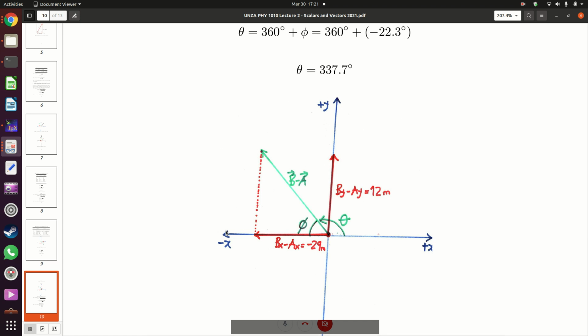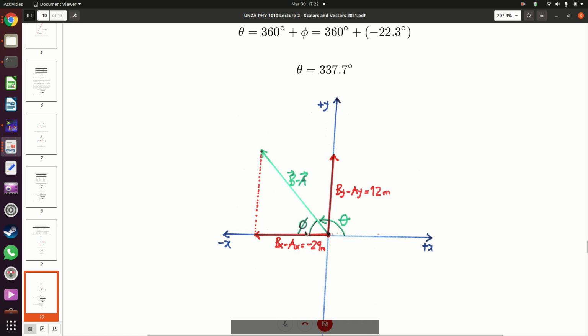So we're going to use this relationship: from the negative x-axis, we move backwards, clockwise, and by adding phi to 180 degrees we end up with theta. What we do right now is work out this angle phi inside this triangle, using the adjacent, which is minus 29 meters, and the opposite, which is 12 meters.